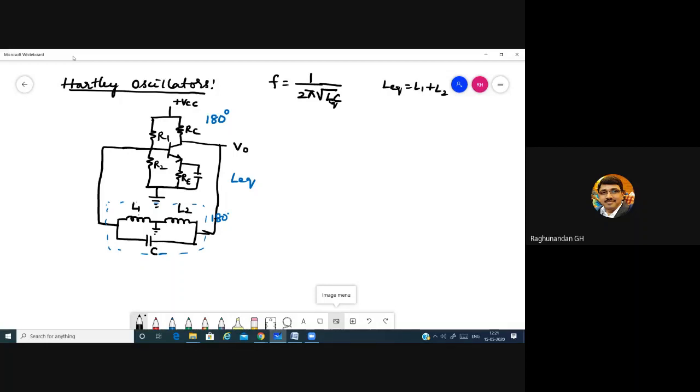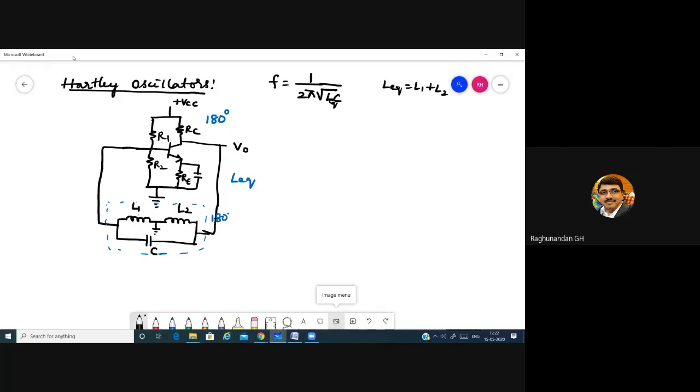Here the imaginary terms are the reactances of the inductors and capacitor. Why are they called imaginary terms? Because reactances are always expressed with the j factor. Except resistance, which we express as R, the reactance of an inductor and capacitor is expressed as jXC, jXL, like that.